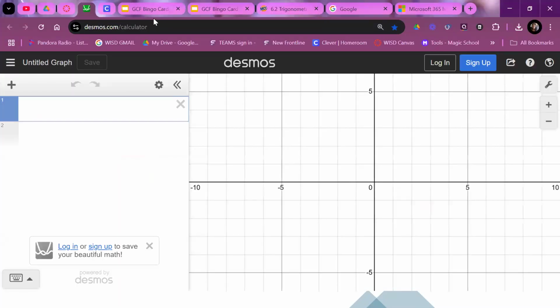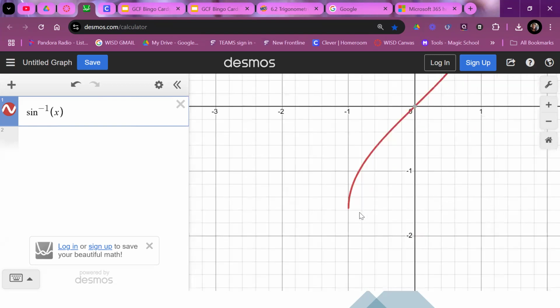Got my little Desmos. All right, so I'm going to type in sine inverse of x. So notice it literally is just this little piece. Y'all see that? That's it. That is the sine inverse.